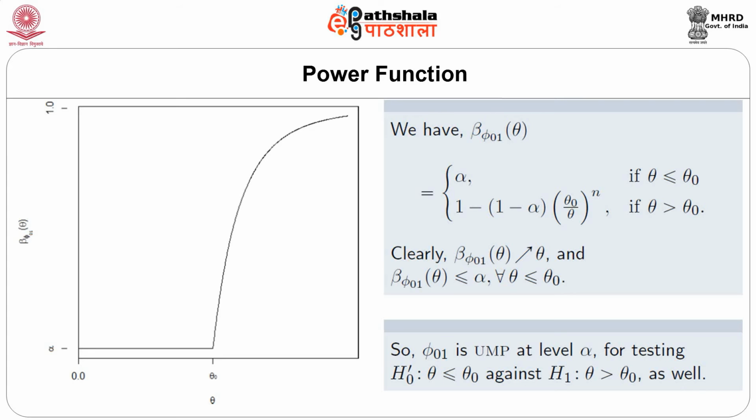So this is not only uniformly most powerful for testing theta naught against theta greater than theta naught; for composite alternatives and composite null, this is uniformly most powerful. This composite null hypothesis is theta less than or equal to theta naught against theta greater than theta naught.